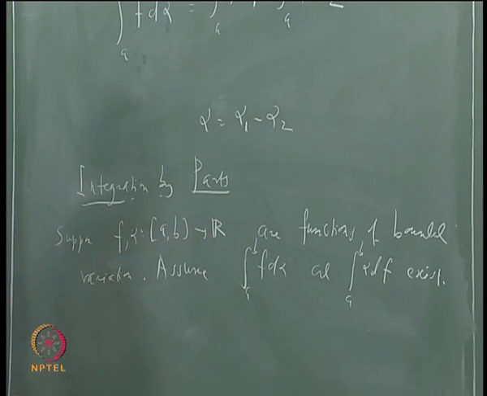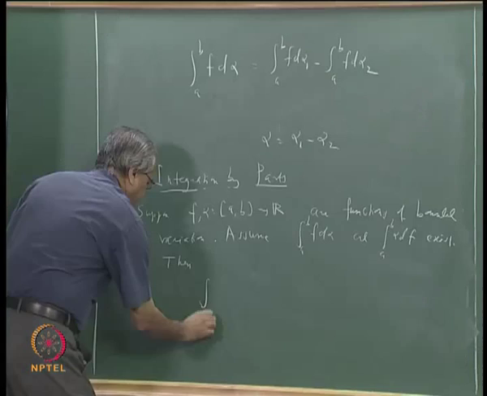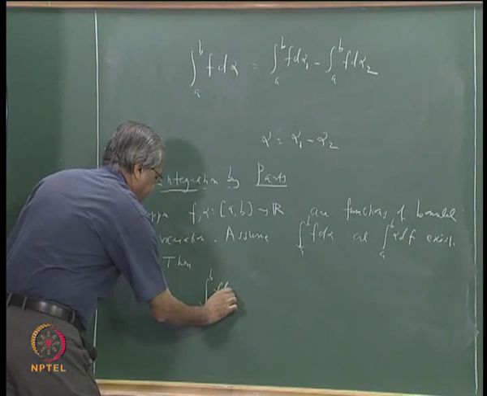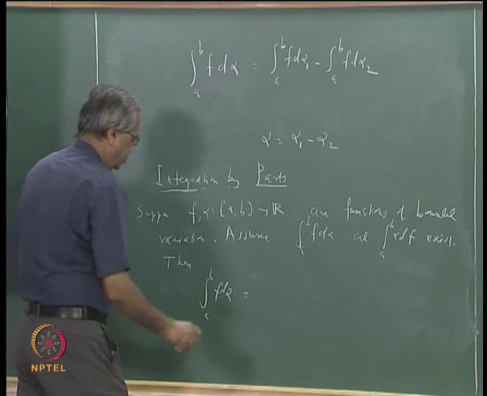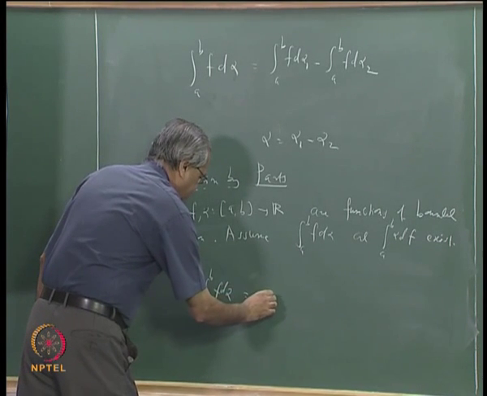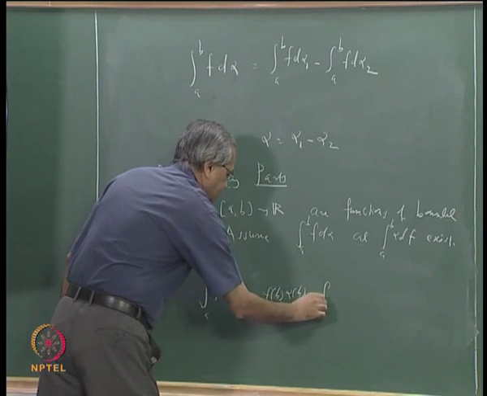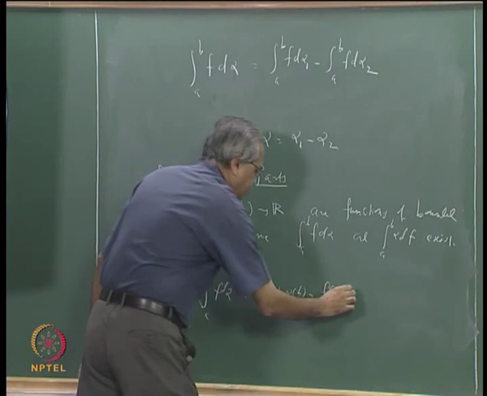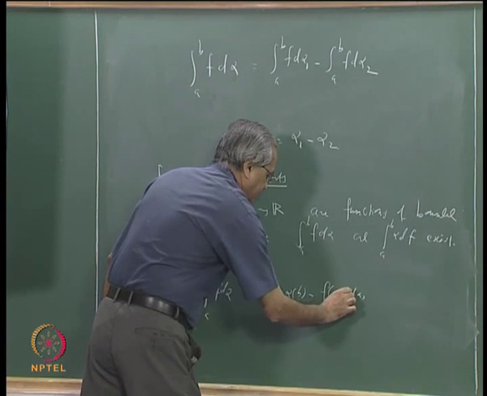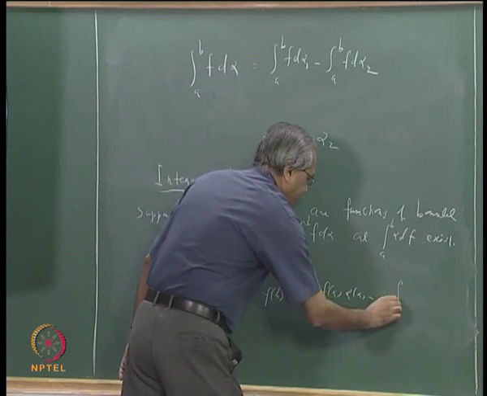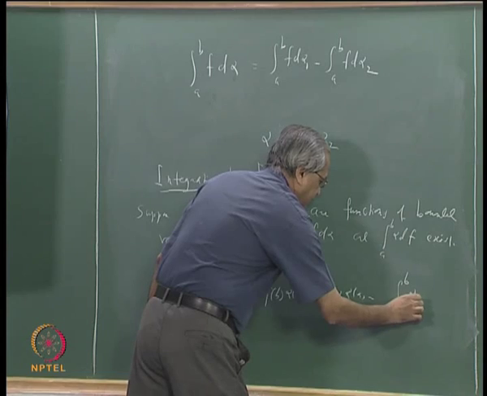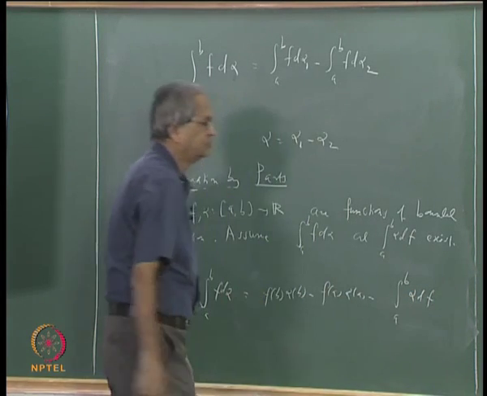Suppose both these things happen, then integral a to b f d alpha is equal to f b alpha b minus f a alpha a minus integral a to b alpha df.